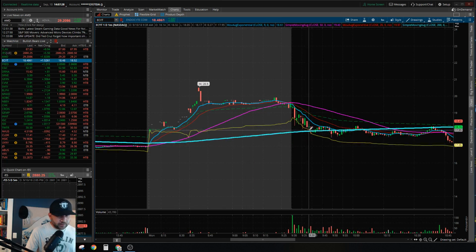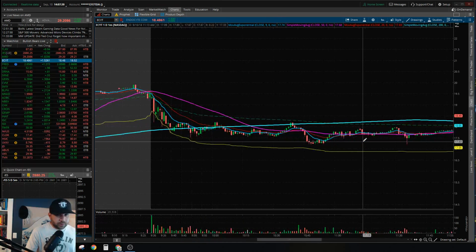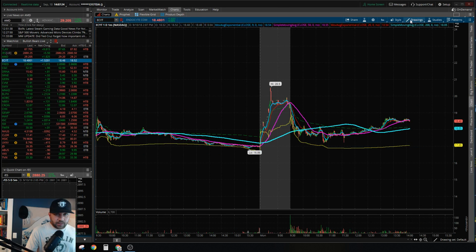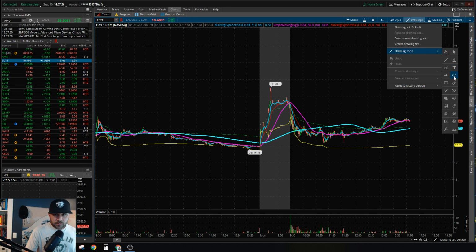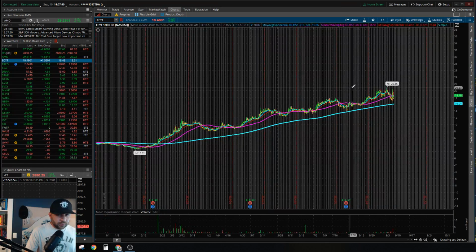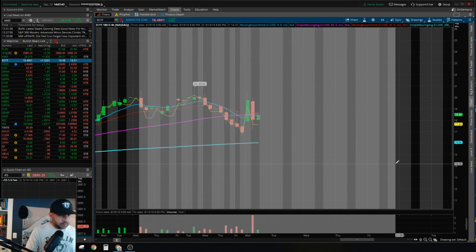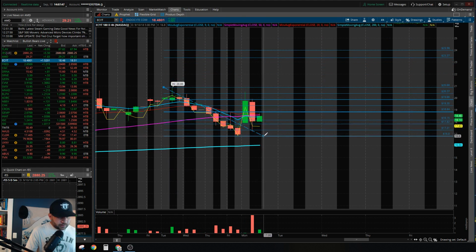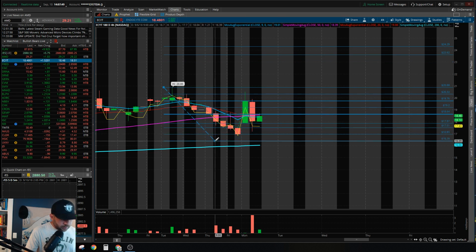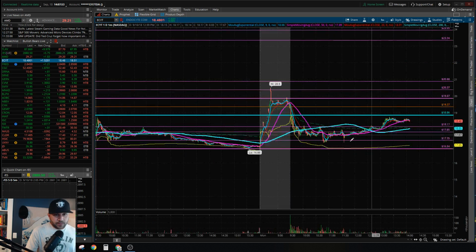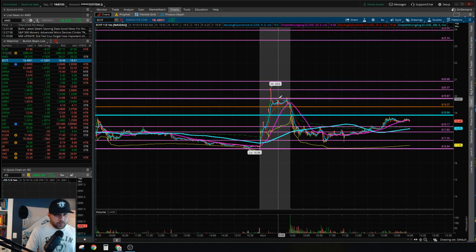Completely retraced back to that 200 SMA, got back below it, back below VWAP, crossed VWAP, and again, to figure out what these stocks are going to do, at least the first time, I'm looking at the Fibonacci retracement tool, go to 25, get as close to this low as you can get, and get an idea for how price is going to behave.